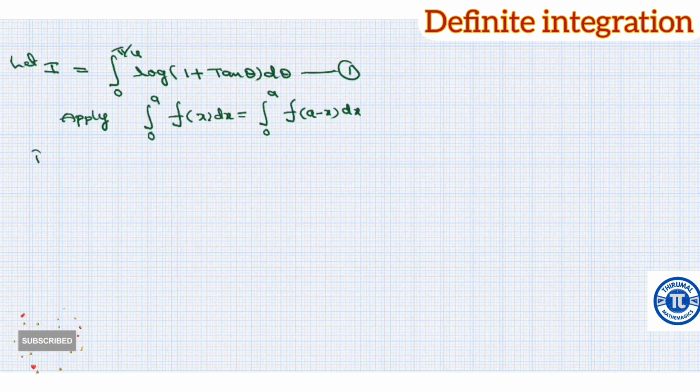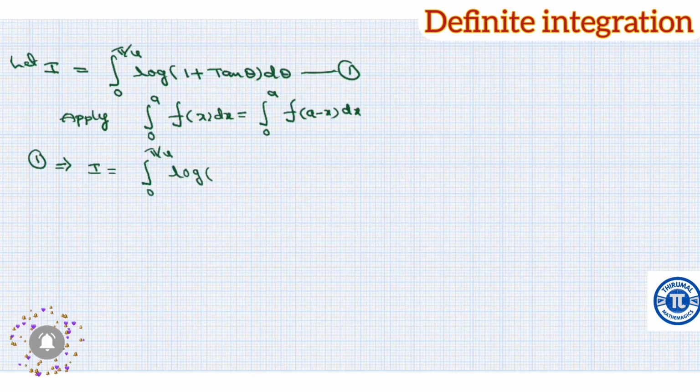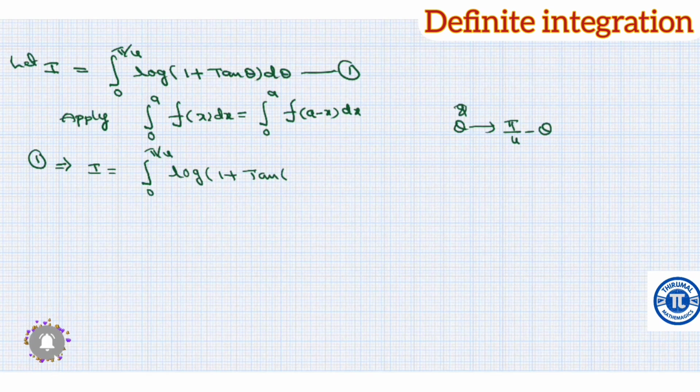Okay, now equation number 1 gives I equal to integration 0 to pi by 4 of log of 1 plus tan theta, where theta is replaced by pi by 4 minus theta, since a minus x, so here pi by 4 minus theta, into d theta.